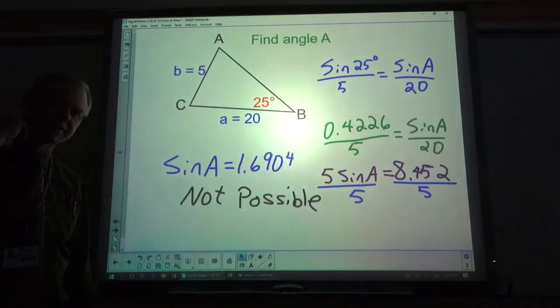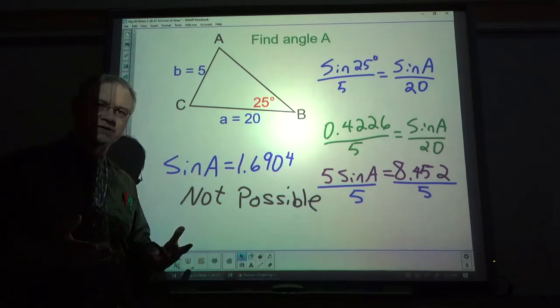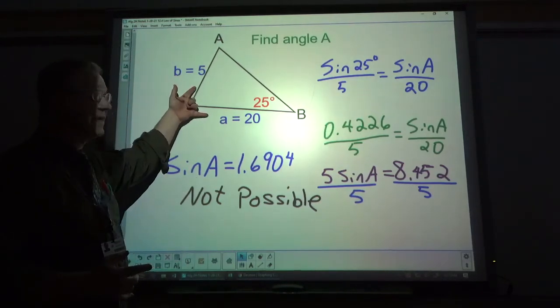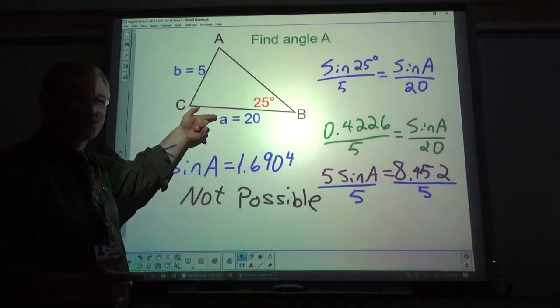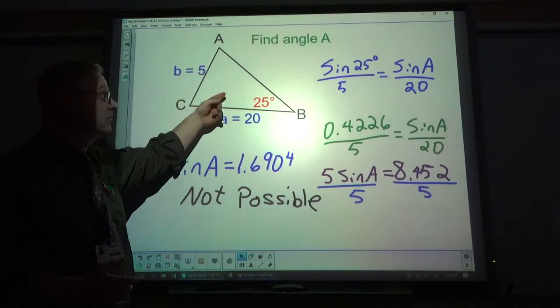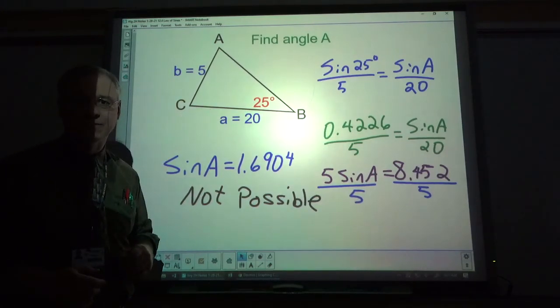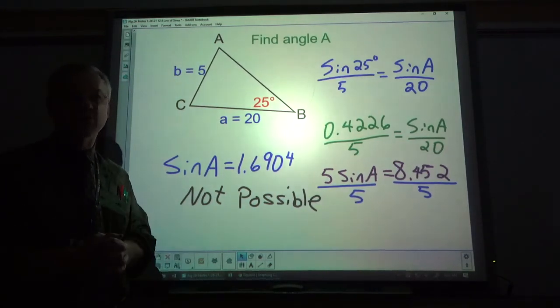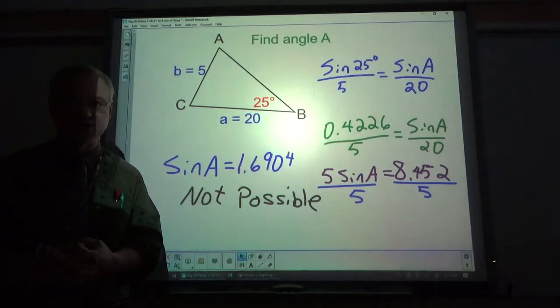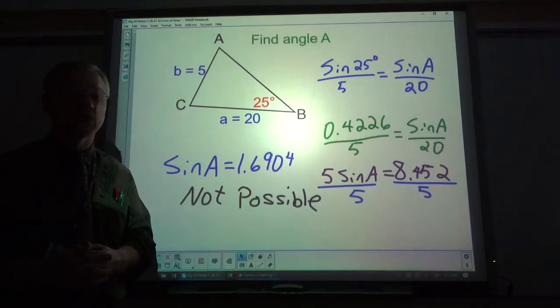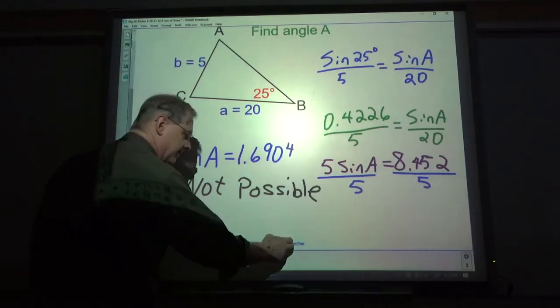Now the other thing that you need to know about triangles is that the sum of any two sides of a triangle has to be bigger than the remaining side. The other way you can think of it is the smallest two sides have to add up to something bigger than the longest. Here's why.